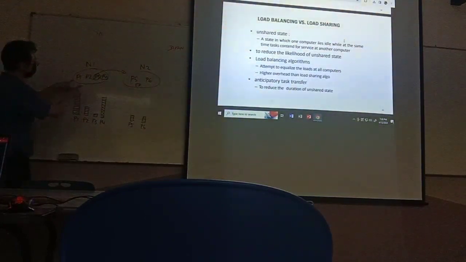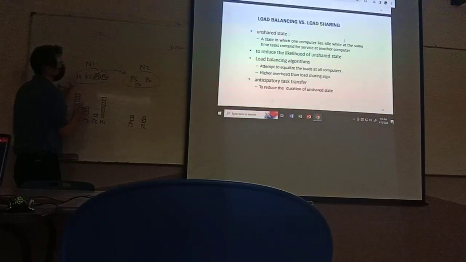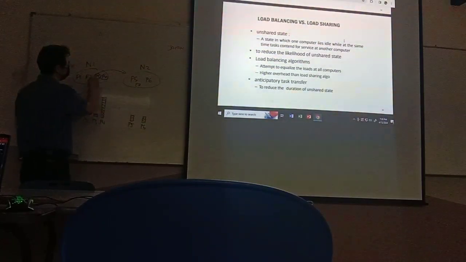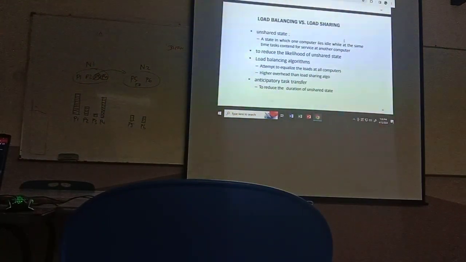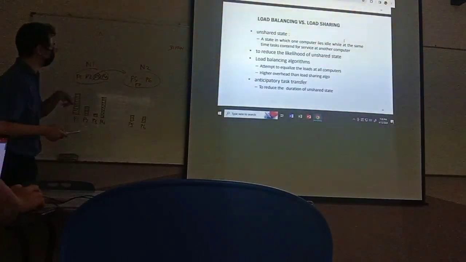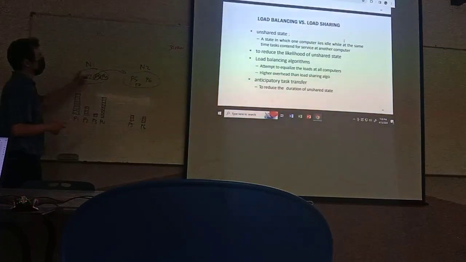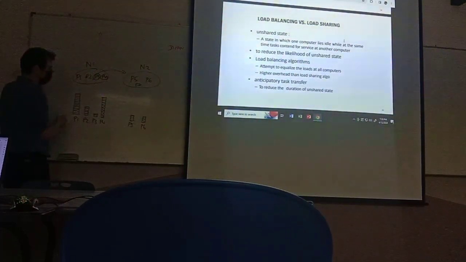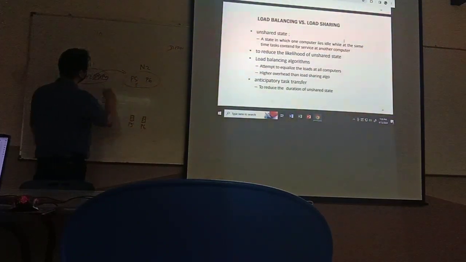If you just count the processes, then it's very easy. You just transfer one, then it's load balance only, right? But a more difficult one, the one that I talked about just now, the adaptive one, is basically looking not only at the number of processes, you look at the load as well. Okay, so if this one is overloaded, most probably you transfer not P3, you want to transfer P4 over here.